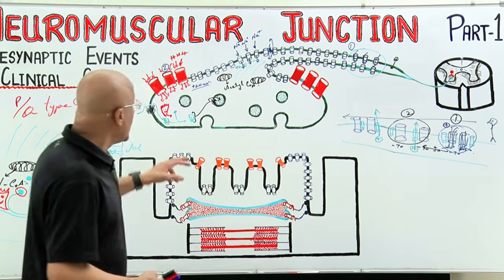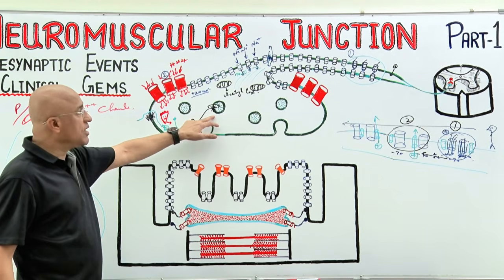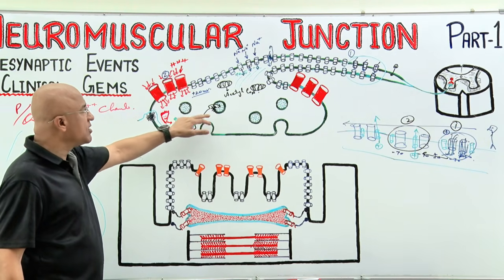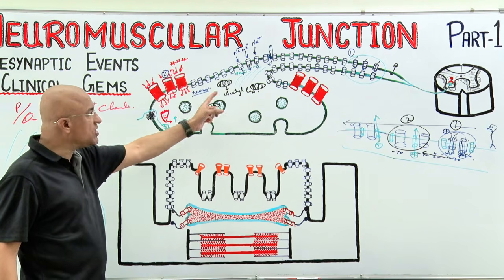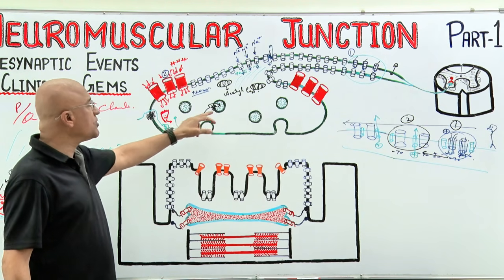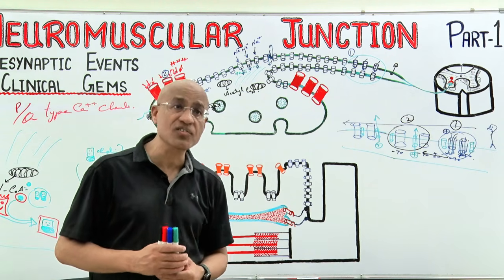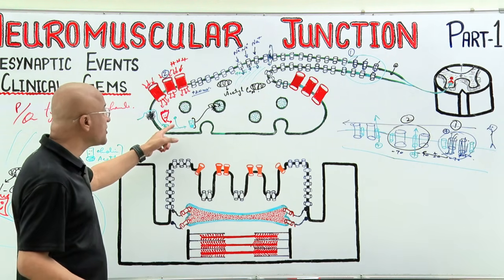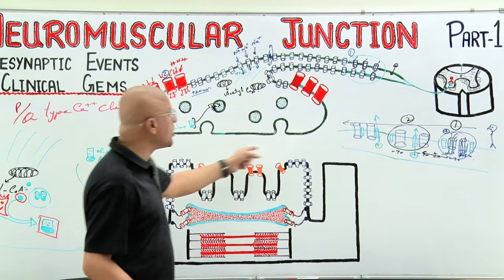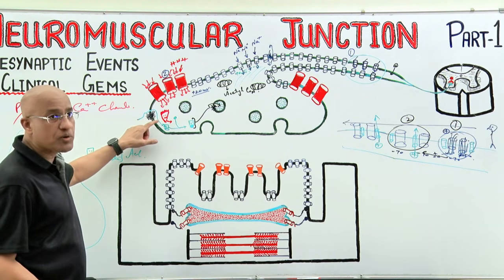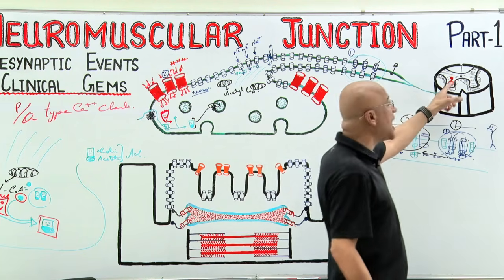Now we can say that these clear vesicles present in the presynaptic button are loaded with acetylcholine which was synthesized within this terminal button. This acetylcholine was not synthesized in the soma.